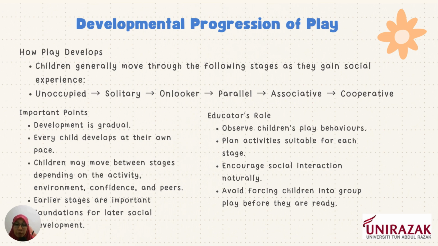First, development is gradual. It happens little by little. Each child will grow at their own pace. They might move back and forth between these stages depending on factors like the type of activity, who they are playing with, and how confident they feel.